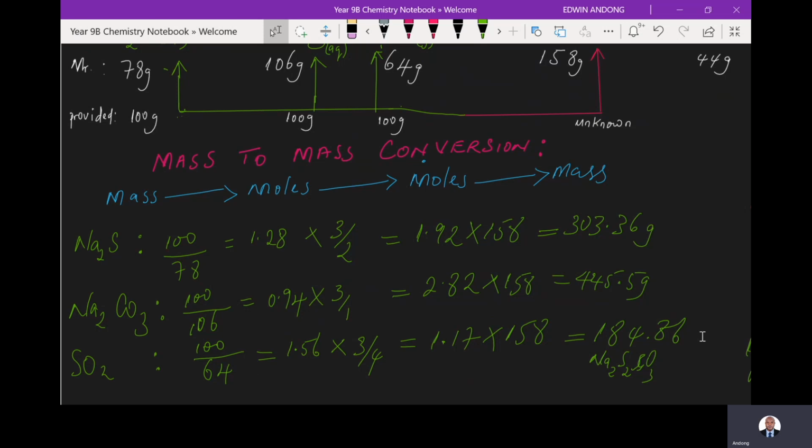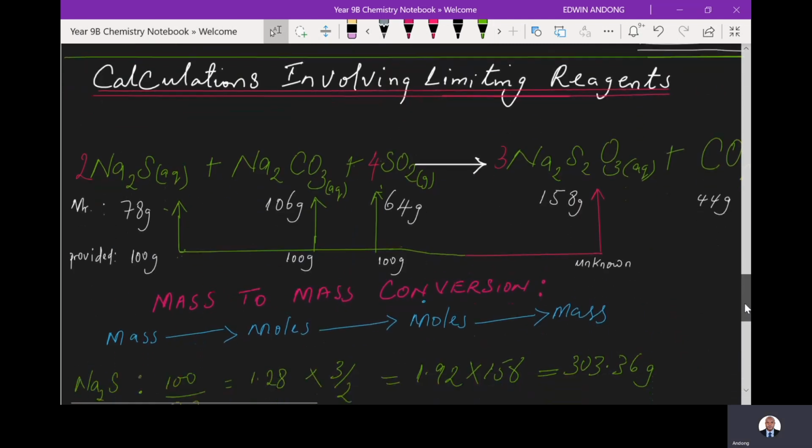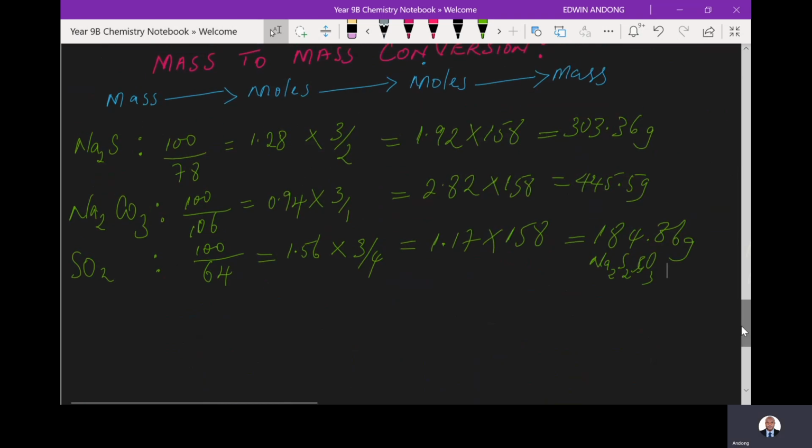As you know, this will be the mass of sodium thiosulfate produced by 4 moles of sulfur dioxide. This is the limiting reagent. And since this is the limiting reagent, the mass that will be produced when 100 grams of all the reactants react, the mass will be this, because it is coming from a limiting reagent.